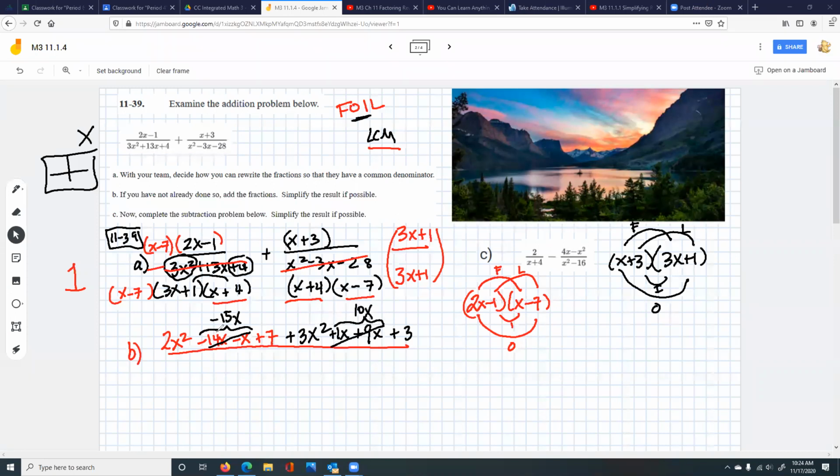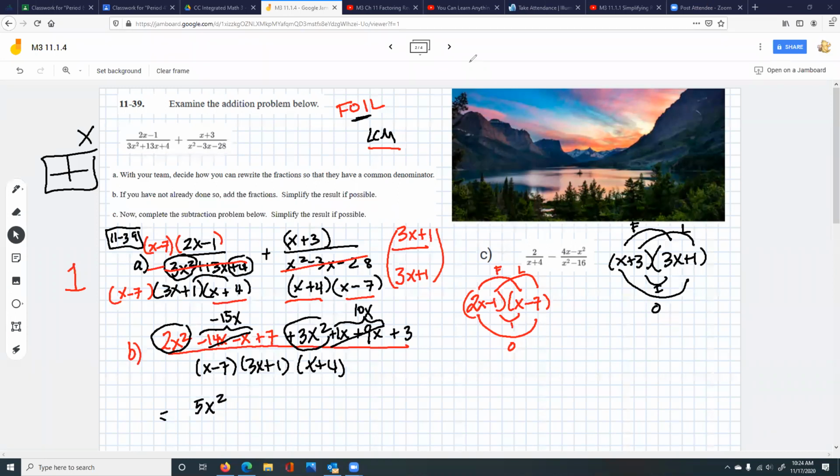So now we have trinomial plus trinomial. And the bottom stuff is the same, right? It's x minus 7 times 3x plus 1 times x plus 4. I just copied the denominator right here. Now we have to combine like terms. So 2x squared plus 3x squared is 5x squared.